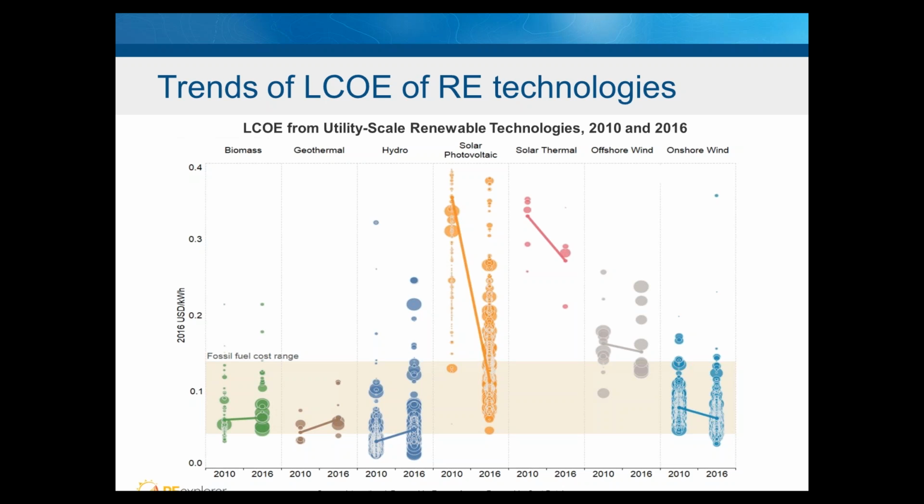So what's the trend of the LCOE of renewable energy technologies? You can see that for most renewable energy technologies, the LCOE goes down as time progresses, because the capital cost of the technologies dropped significantly from 2010 to 2016, particularly in the solar photovoltaic category.